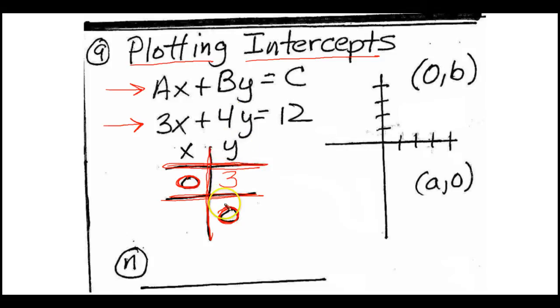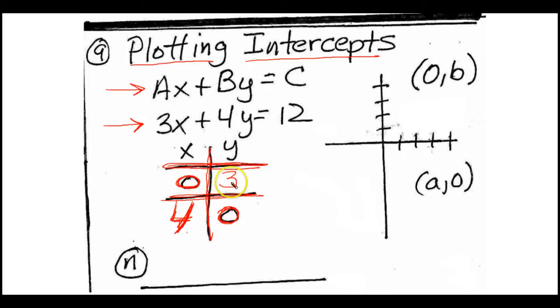Now, if y is a 0, 4 times 0 is 0, we get 3x equals 12, so x would equal 4. Now, we actually have here the x and y intercepts.